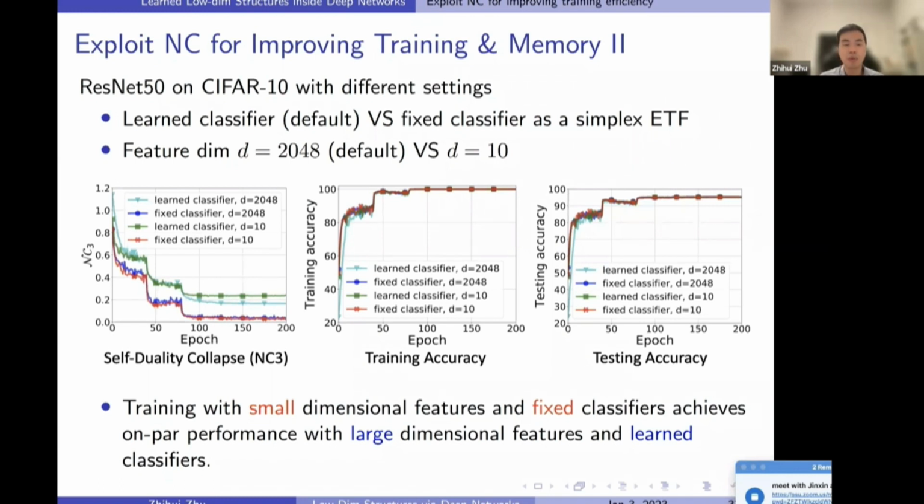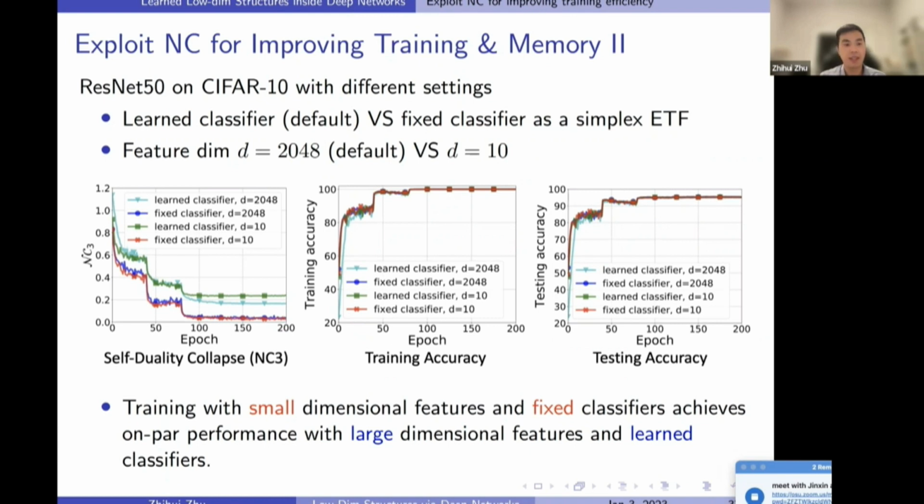Then the blue curve is where we fix the classifiers, and the green curve is where we reduce the dimensionality to 10. The red one is where we both fix the classifiers as a simplex ETF and reduce the dimensionality to 10. And the left figure plots the learning curves in terms of the neural collapse.